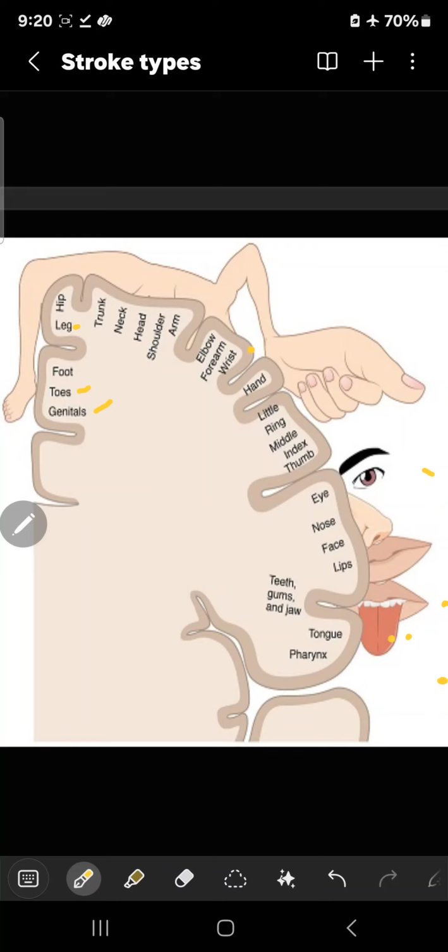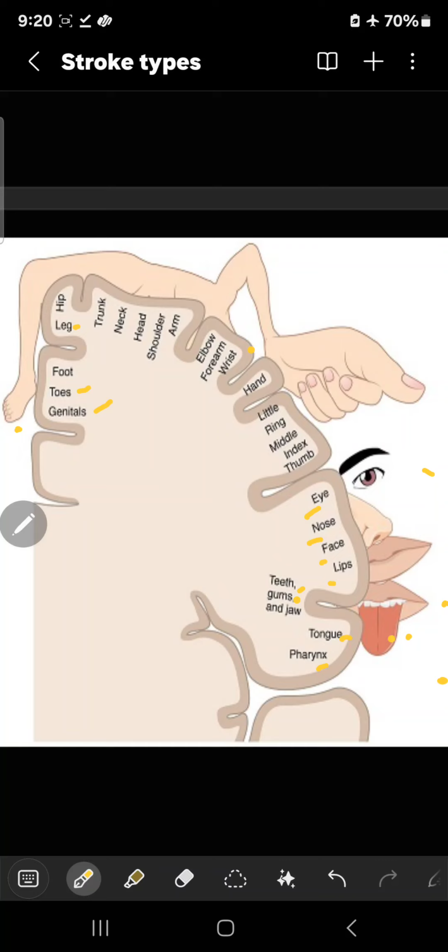It may be sensory. Here we start from the foot, and it goes to shoulder, arm, and then the hand, and here eye, nose, face, lips, teeth, gums, jaw, tongue, and pharynx.